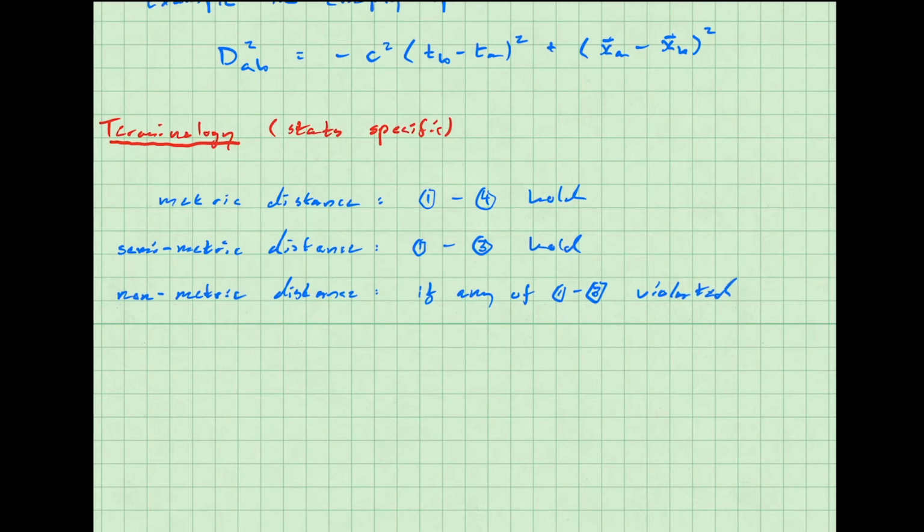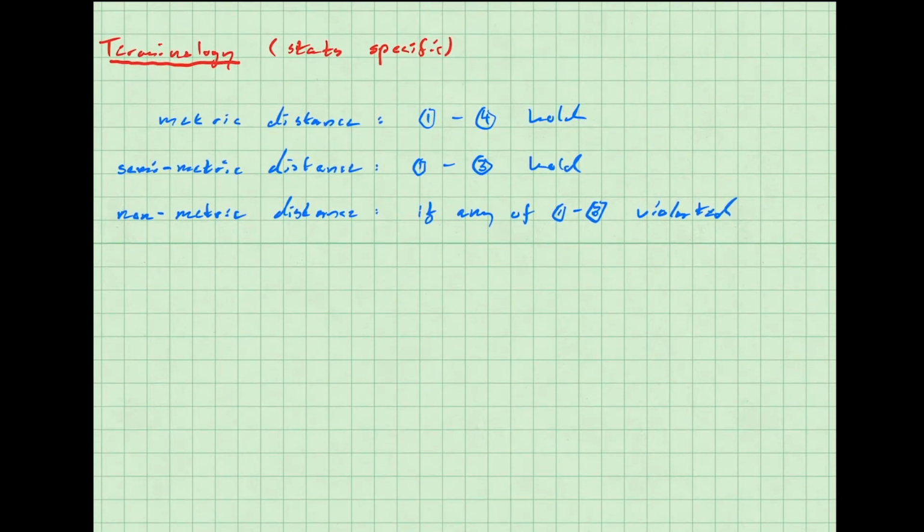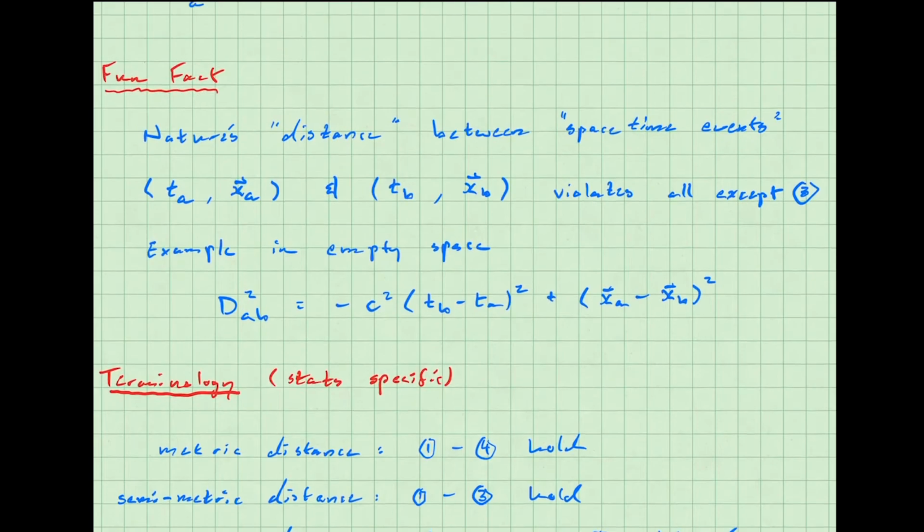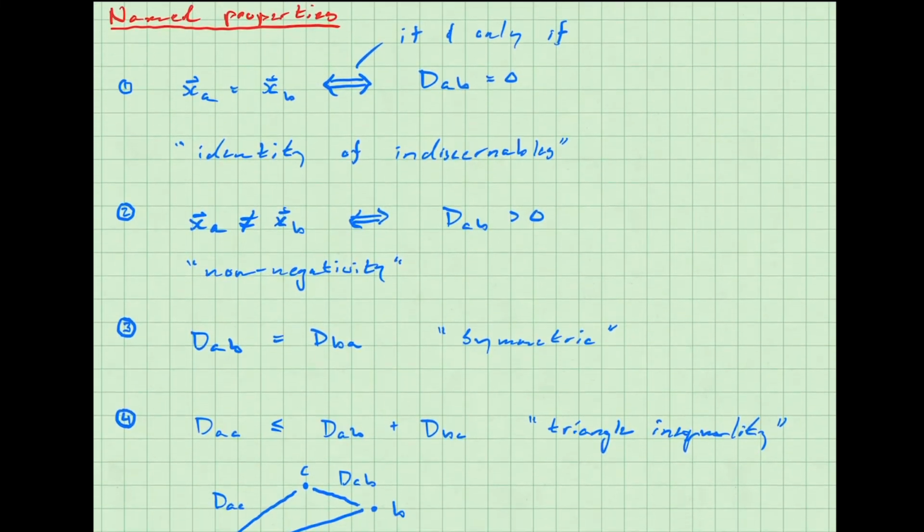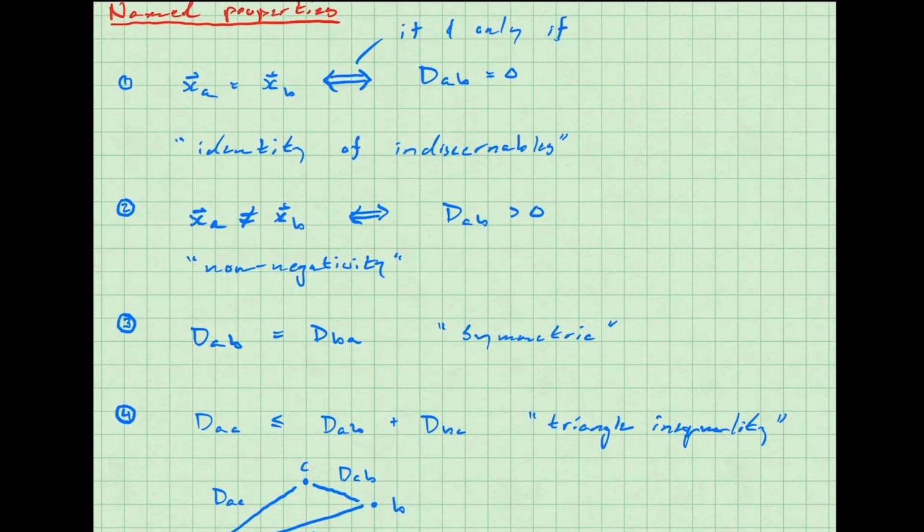Again, this is pretty statistics-specific terminology, but nevertheless, we saw our two examples. We saw the Euclidean distance, and we talked about the travel time distance. Let's go back and look at these properties. Does Euclidean distance obey any or all of these properties?